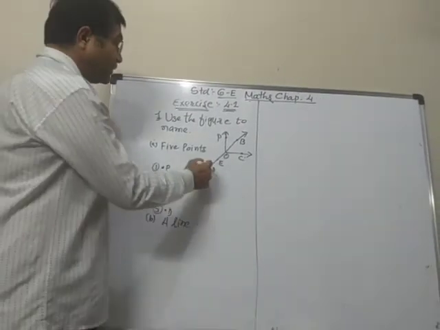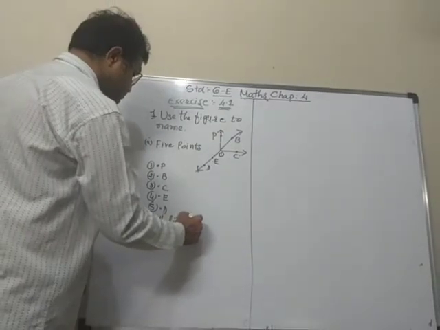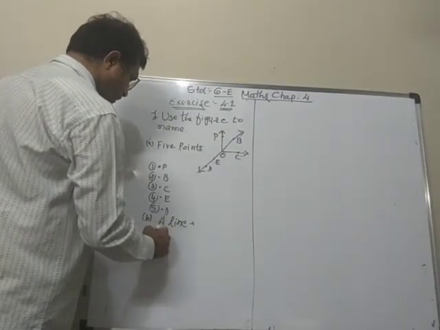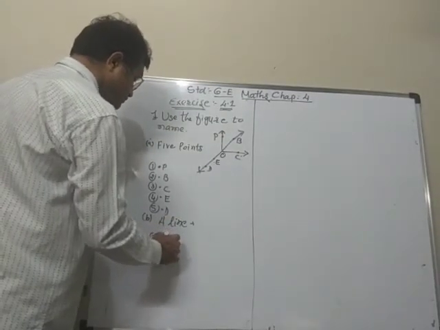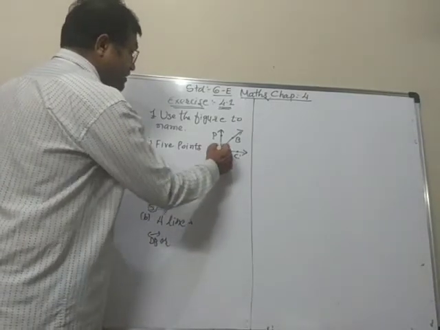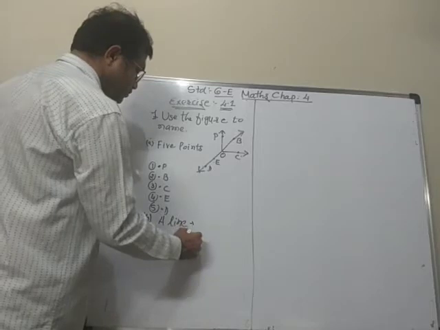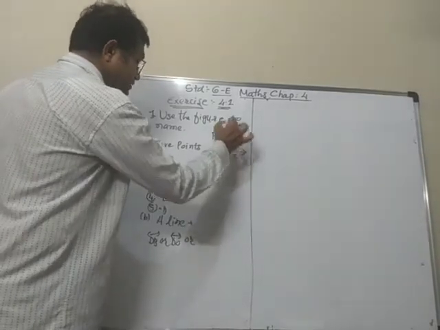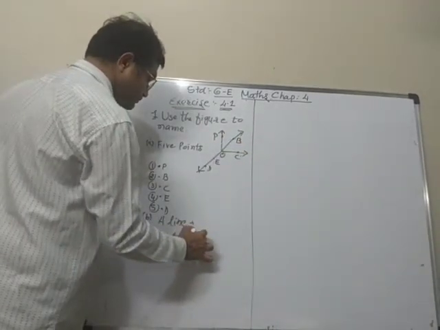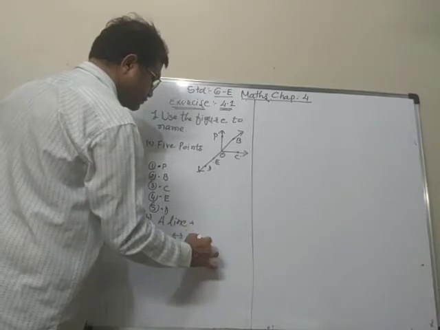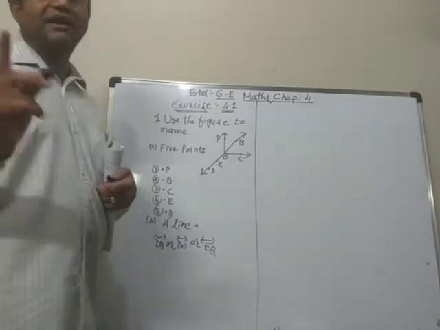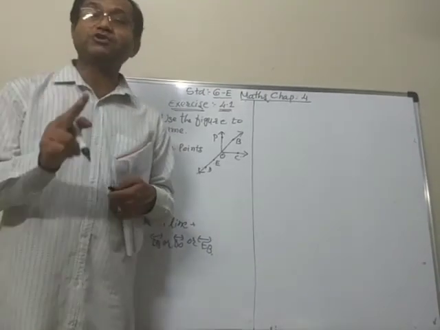So you can write line DB, or line DO, or line EB also. A line can be given names from any 2 points on it.